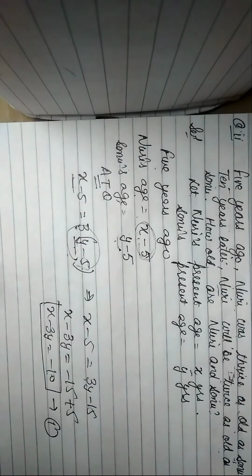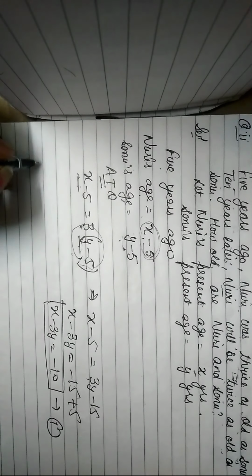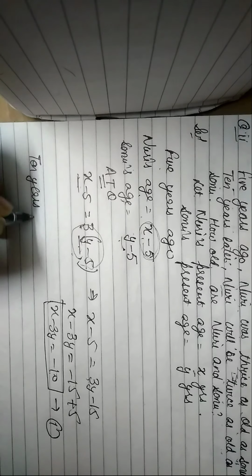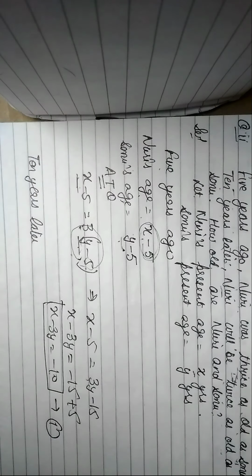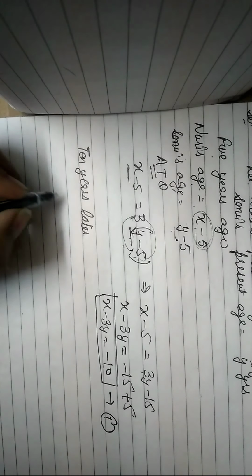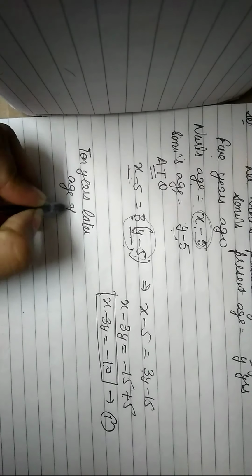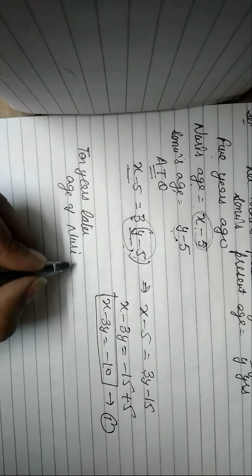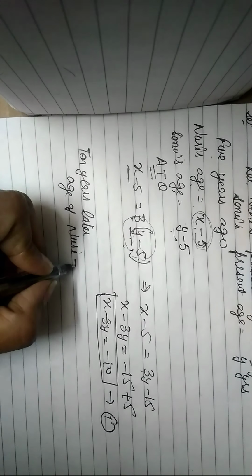Now the second condition is 10 years later. 10 years later means the age of Nuri after 10 years. Present age is x.